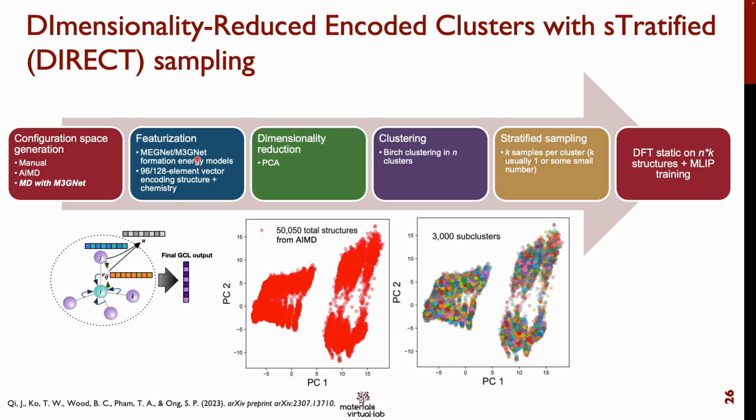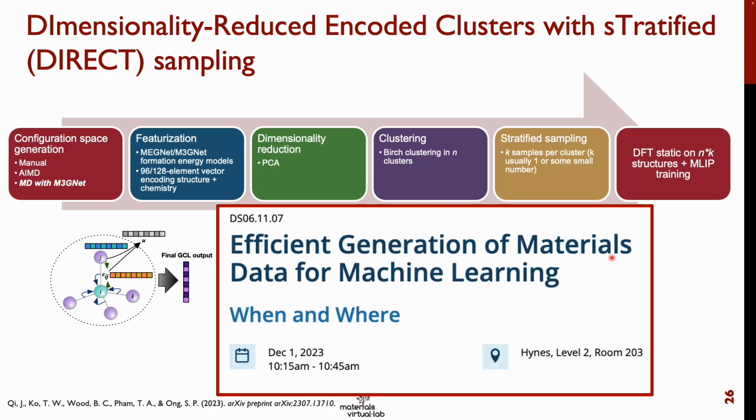Especially, we are doing featurization, dimensionality reduction, and then clustering to cluster structures into different regions in the feature space, and then we do stratified sampling from each cluster so that both common and uncommon features can be selected by this workflow, without oversampling the common structures and undersampling the uncommon structures. I will discuss more about it on December 1st.